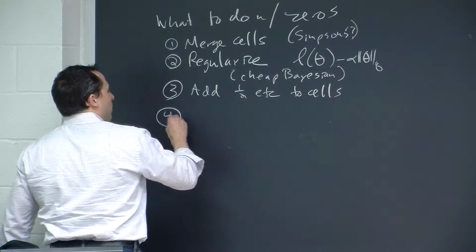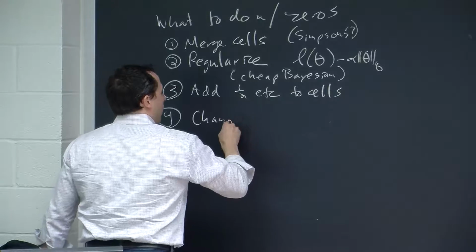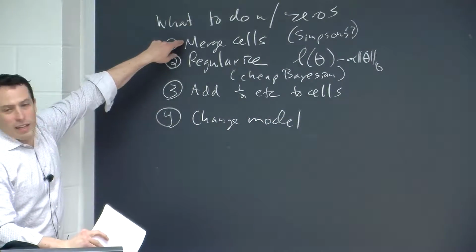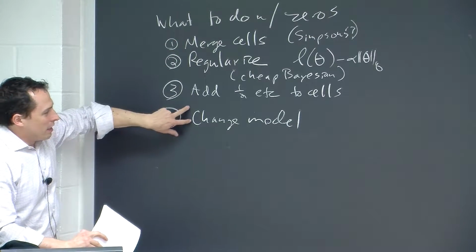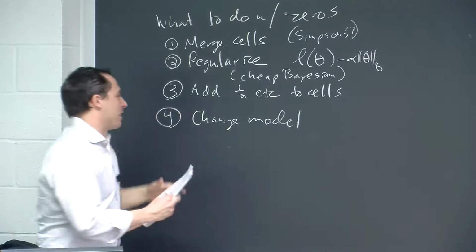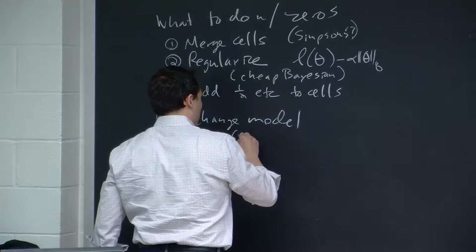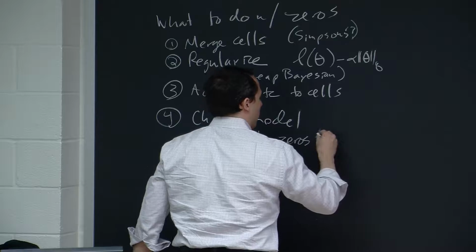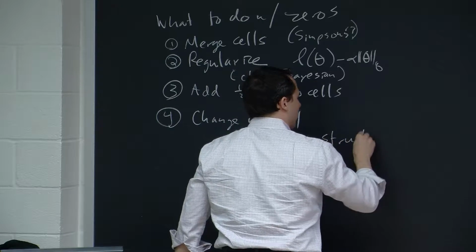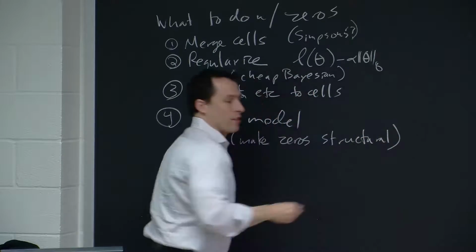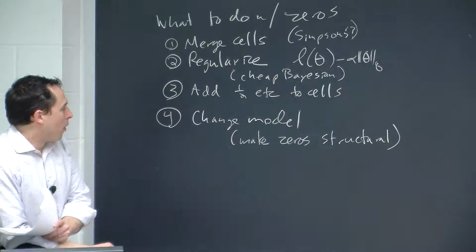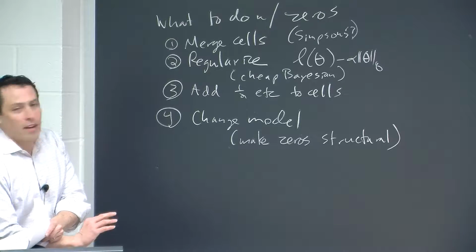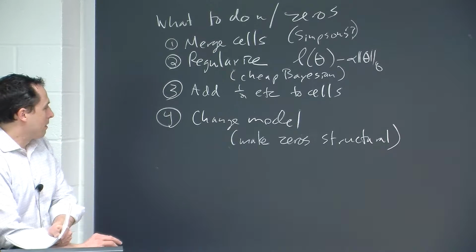The fourth thing we could do was to change the model. In some ways, this is like merging the cells, which is changing the model, but this is even more opinionated, in the sense that what we're doing here is typically making the zeros structural, what's called structural zeros. That is, we're taking zeros that we've observed and saying, you know what, we're going to assume that these cells are actually never seen, and that we can treat them as though they were impossible.